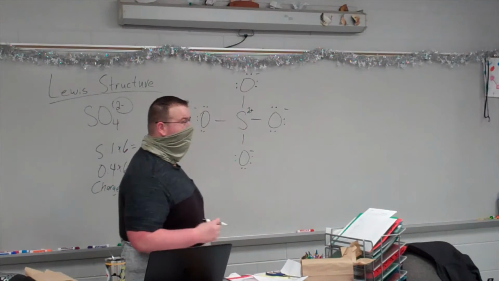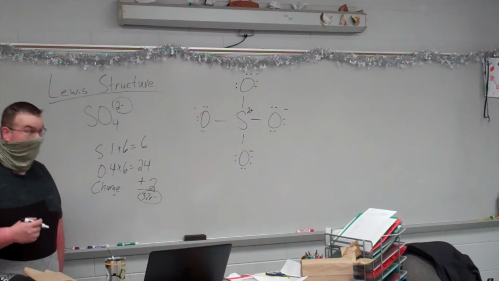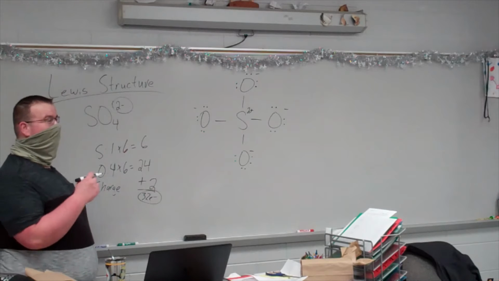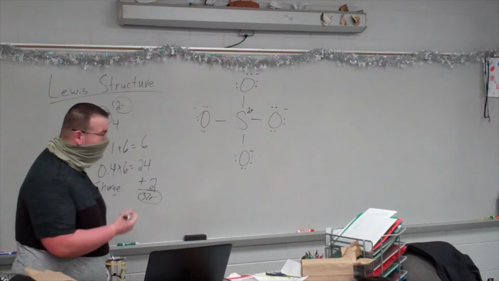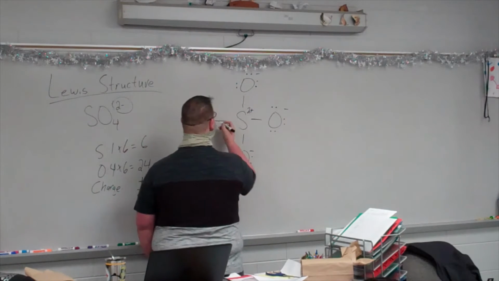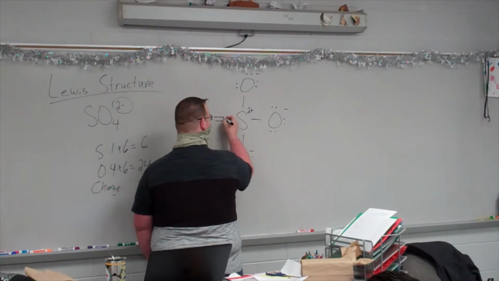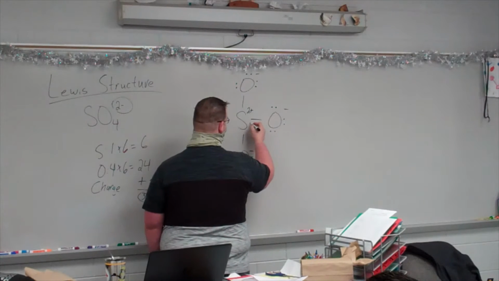How many bonds will sulfur form? 6. Very nice. So we've got to get 6. So I'm going to add a double bond here. Add a double bond there.